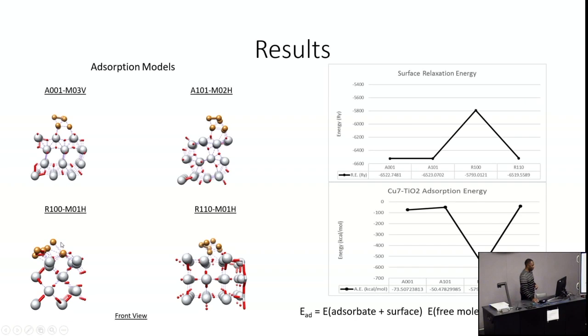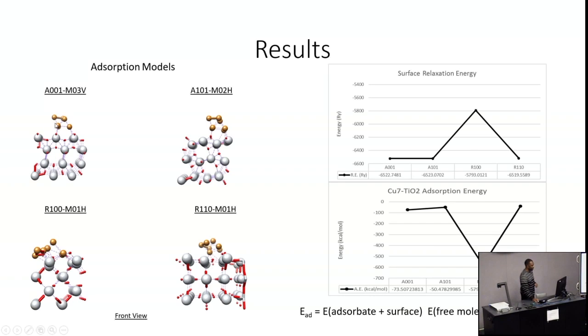But when you visualize these structures and complexes, you can see exactly not only its behavior as it approaches the surface, but also the final absorbing geometries. And so rutile 110 being one of the most stable geometries, the cluster actually remained intact.